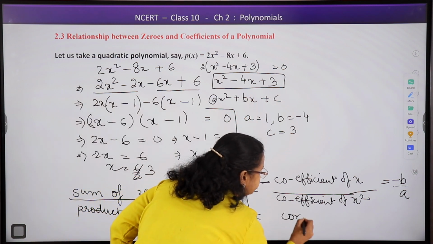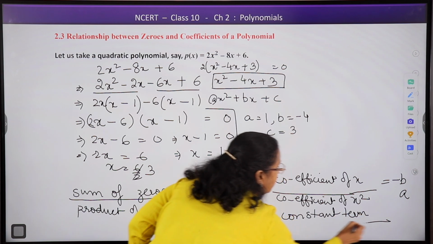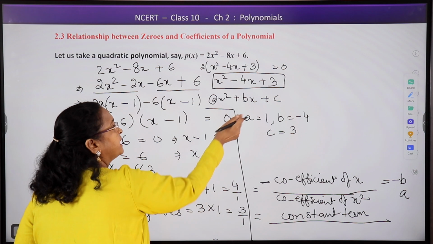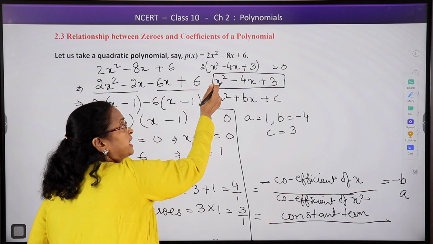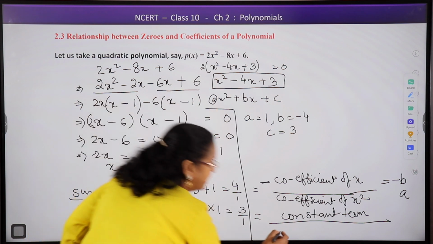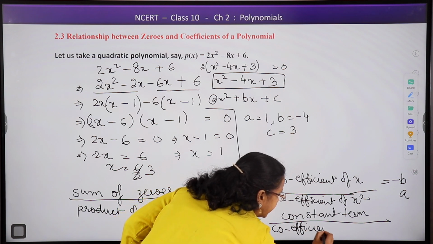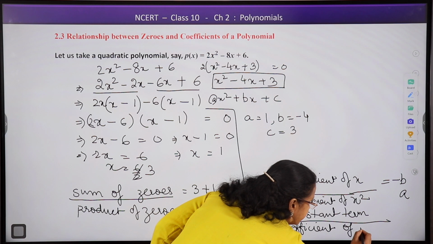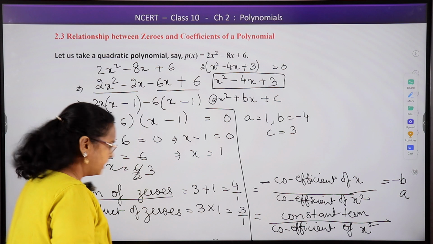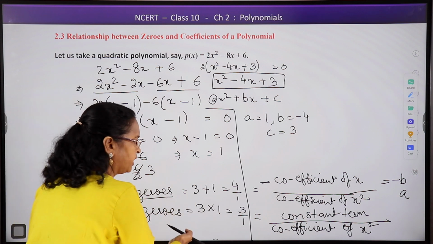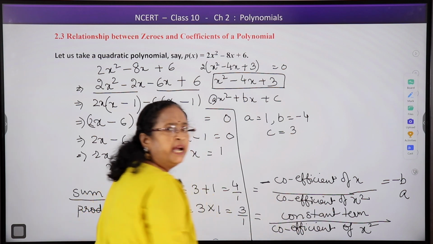Constant term whole by, now 1 is the value of the coefficient of x square. So I will write constant term by coefficient of x square. So what is the second relationship we learnt? Product of zeros is constant term by coefficient of x square.